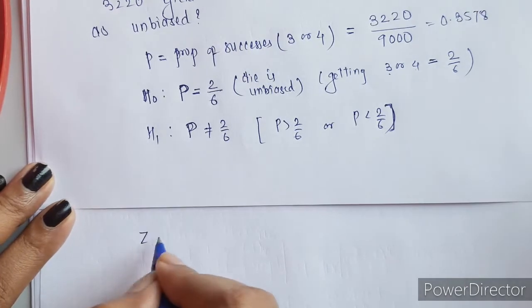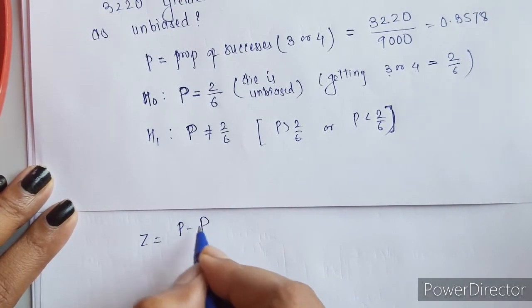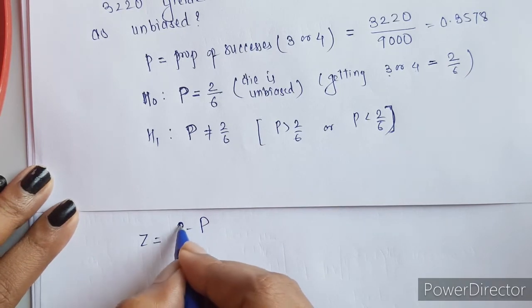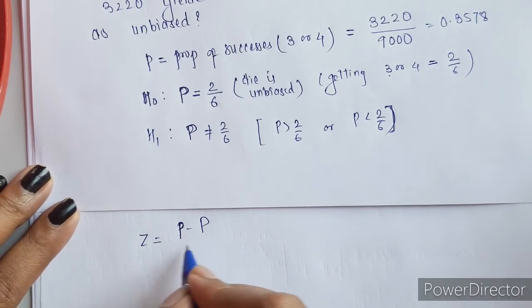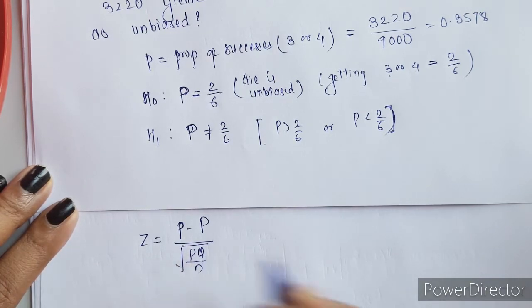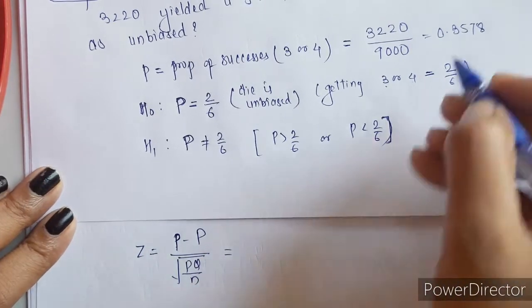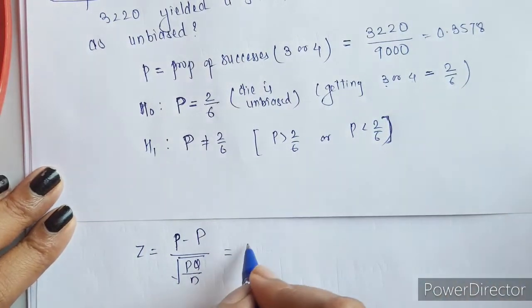Now we need to find standard normal variate, which is given as small p, sample proportion, minus capital P, population proportion, upon standard error, which is root of PQ upon n. Now sample proportion in this case is 0.3578, so let me substitute it.